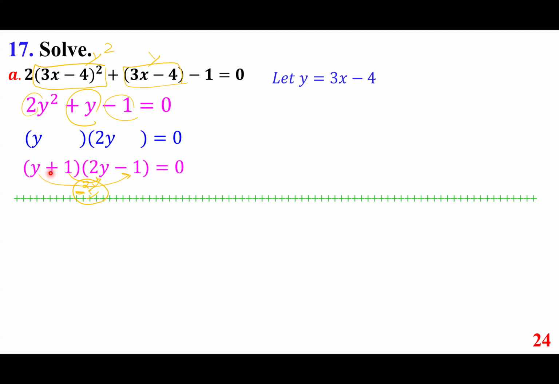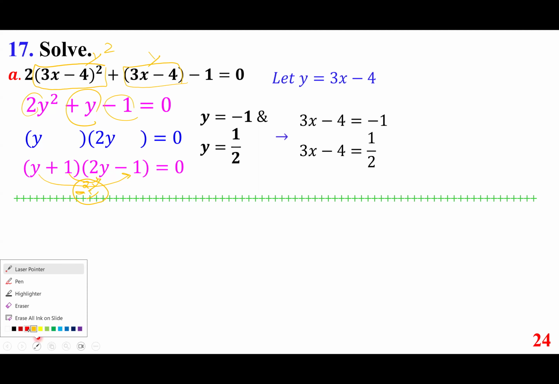One of them is y equals negative 1. For the other, I hope you see that if you set this equal to 0, y becomes 1/2. Now, it's important to notice we are not done, meaning, okay, we got the y, but that's not what we want. We want the x. So replace the y with 3x minus 4 in both cases. Move this, make this 3.